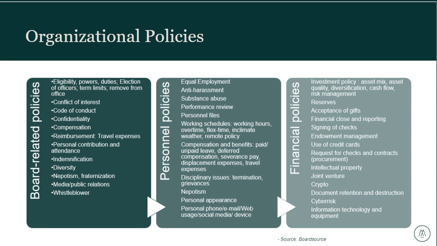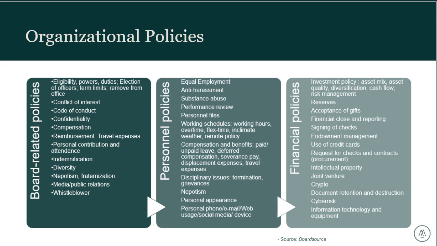I'm going to touch just very briefly on financial policies, because I have these embedded in committee expectations and responsibilities in some upcoming slides. This is a good list of what you should be thinking about in terms of written policies for the organization. I've highlighted the ones that are really important, obviously the investment policy and those sorts of things. But the other thing on here is your endowment policy.